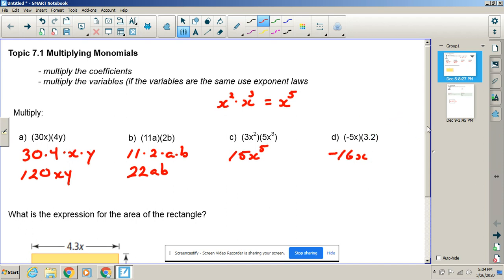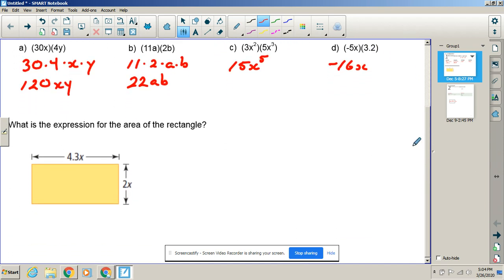The only other type of question they may ask you is to put it in an application type question. This is asking you to find the area of a rectangle, and it gives us dimensions of length of 4.3x and a width of 2x. Again, to find the area of a rectangle, it's just length times width.